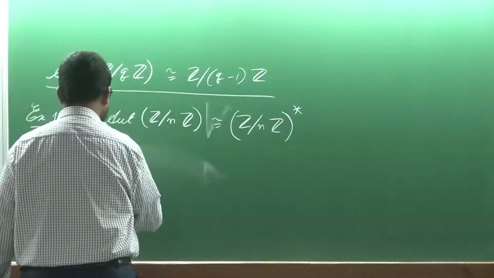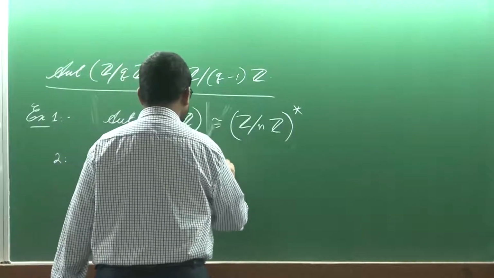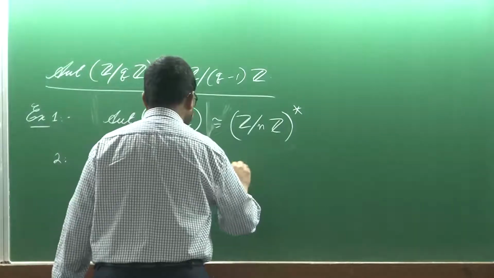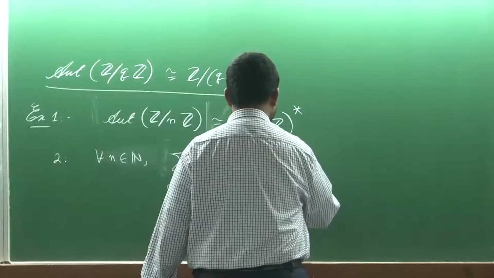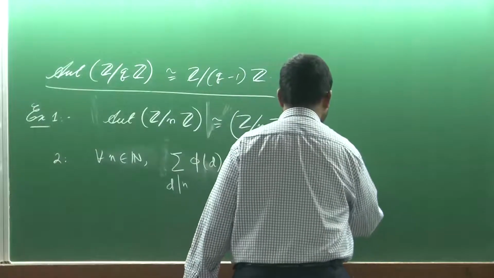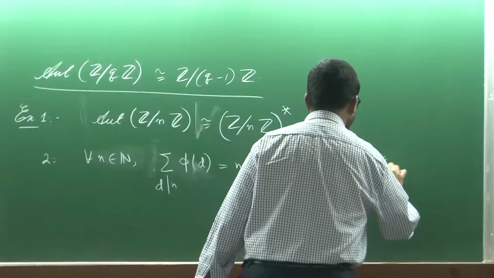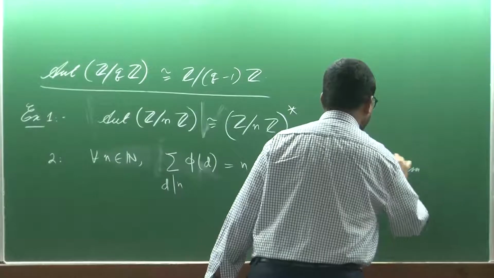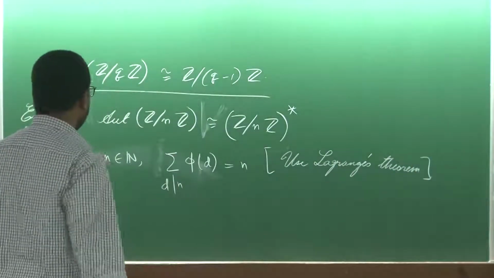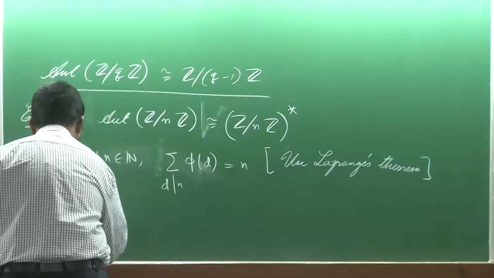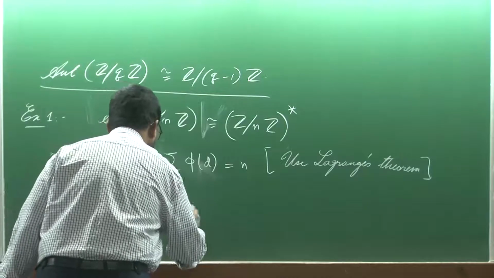So, the next exercise is this. It is a number theoretic formula, but it follows from Lagrange's theorem, so maybe use Lagrange's theorem. And then using that, let us prove that for any finite group G of order n, the following are equivalent.